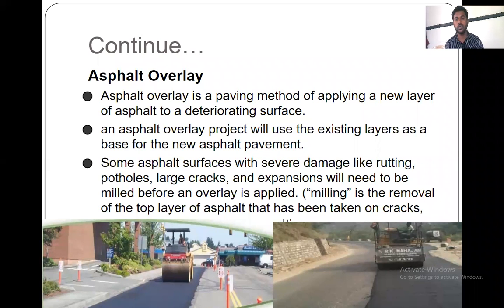Some asphalt surfaces with severe damage like rutting, potholes, large cracks, and expansion will need to be milled before the overlying layer is applied. Milling is the removal of the top layer of asphalt that is broken.